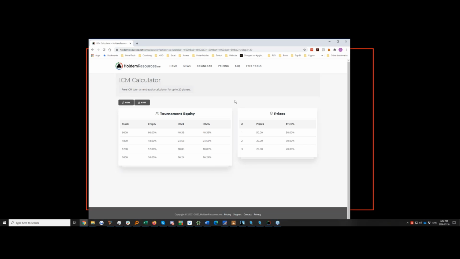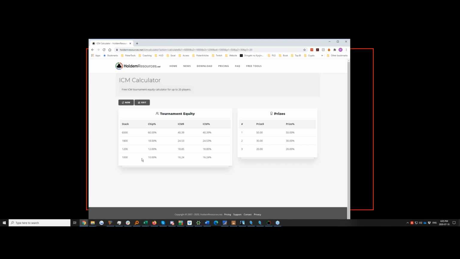If he doubles up a couple of times, he can get there and become the chip leader or end up winning the tournament. So even though he's a shorter stack, and he only has 1,000 chips, which is about the starting stack, his stack right now with 4 players left is worth $16, a lot more than the chips he has.